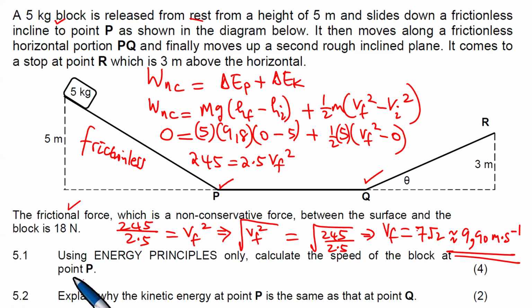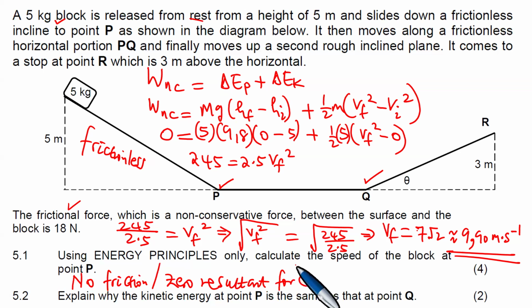So there is no non-conservative force, or similarly, at this point you have no friction, and you have a zero resultant force. In other words, there's no friction, or you have a zero resultant force.